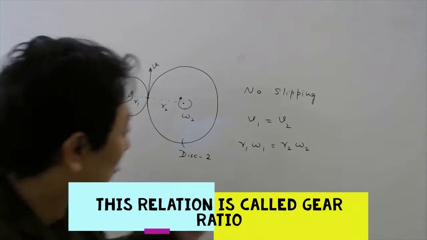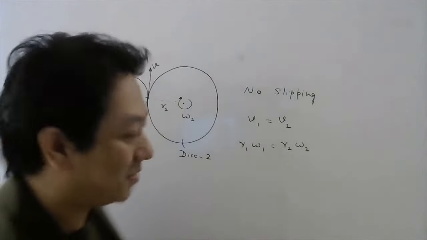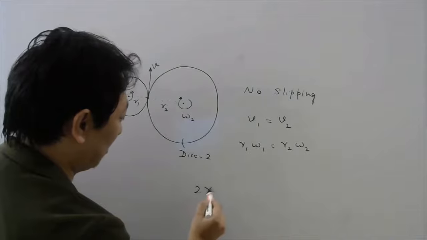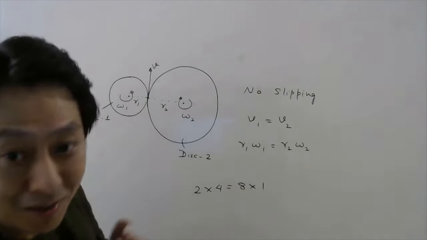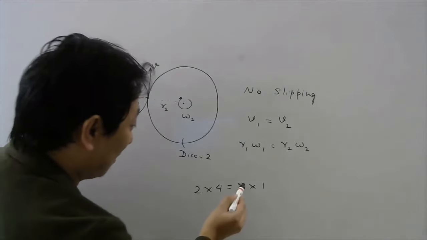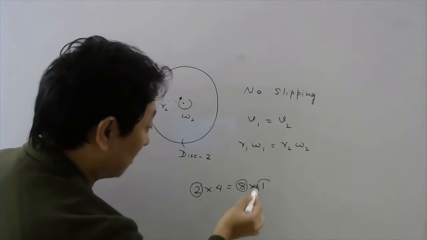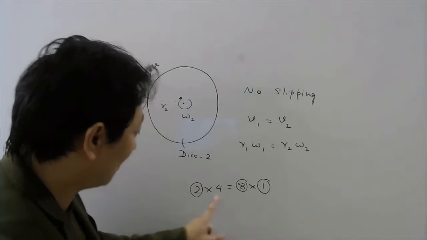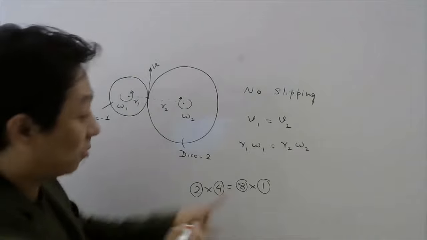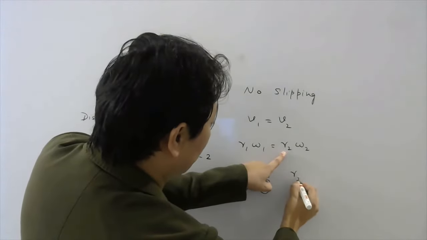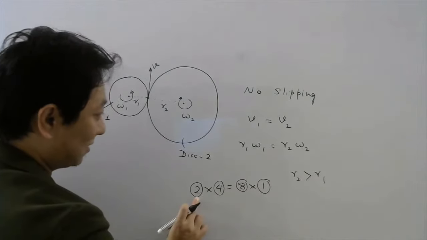Okay. Now observe this equation. Let me write an example of this equation. 2 into 4 is equal to 8 into 1. So observe this equation. If this number is greater than this number, then this number is smaller than this number, right? So similarly, in this diagram, I have taken r2 greater than r1. So this number is greater than this number.